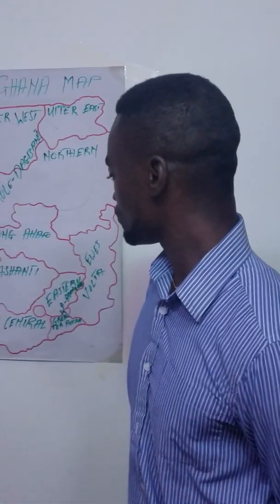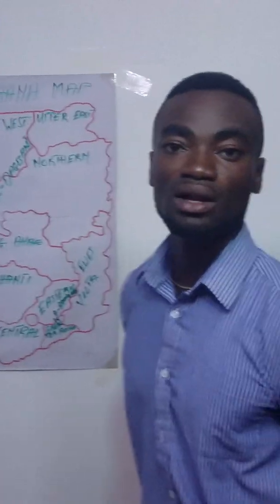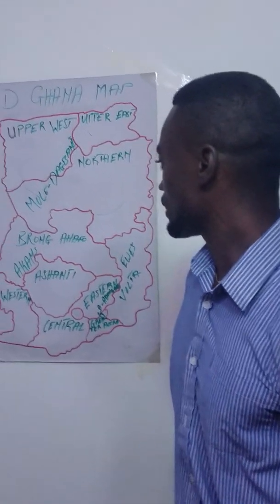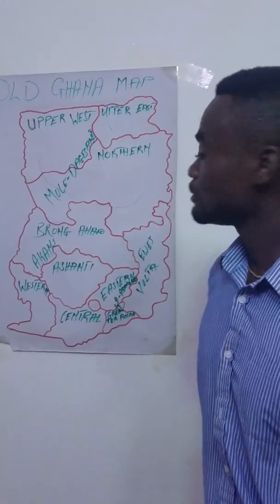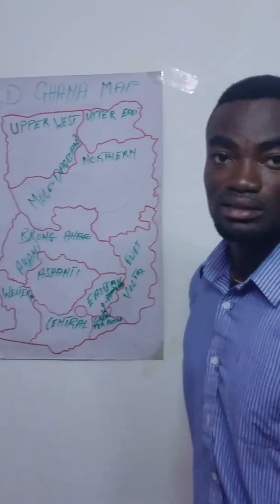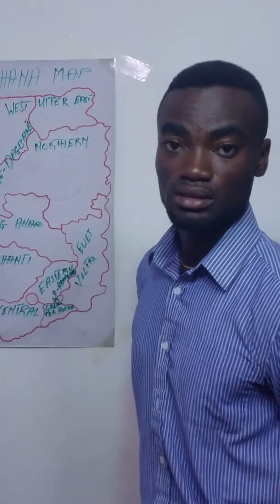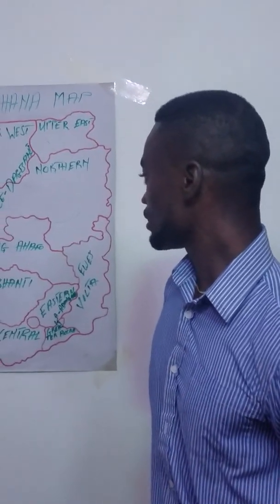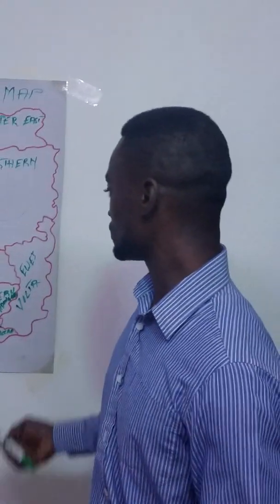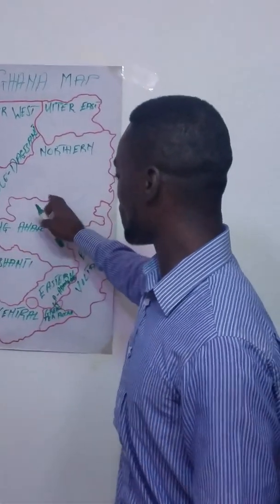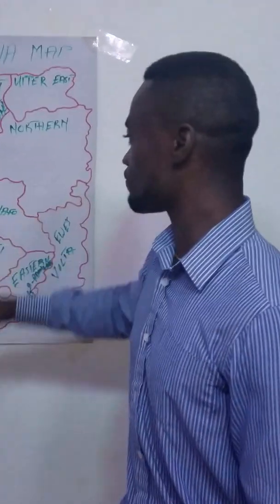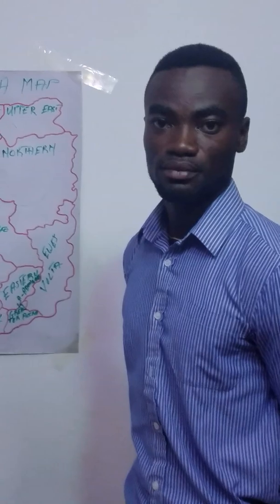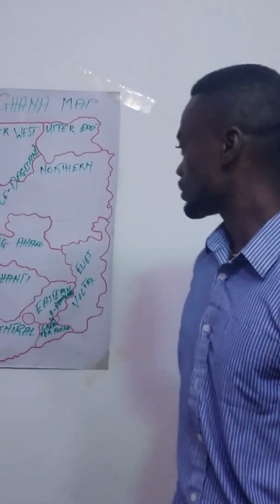Around the 19th century, the Ashantis conquered a vast portion of Ghana's territory, and they protected their territories. So if any enemy wanted to challenge the power or the authority of the Ashantis, the Ashantis would not let them be.